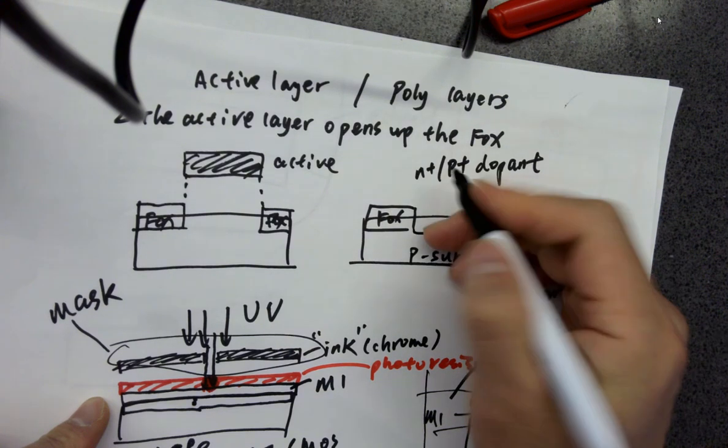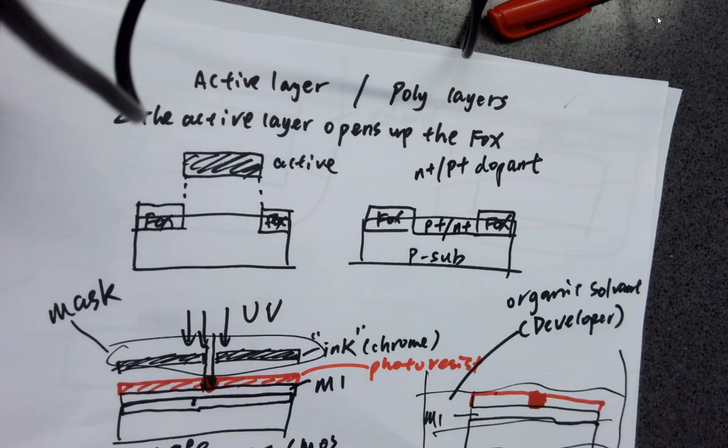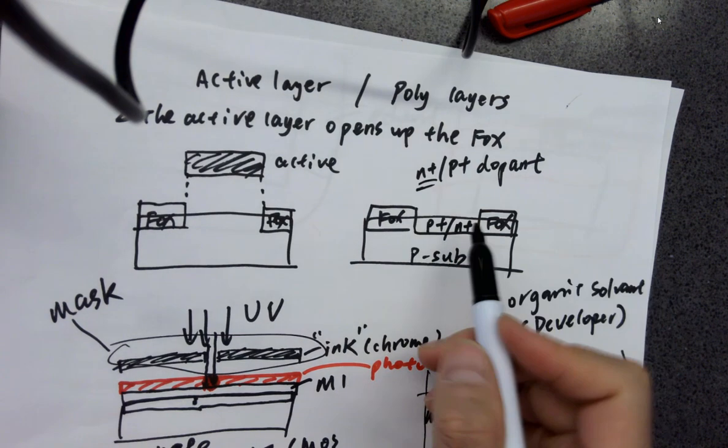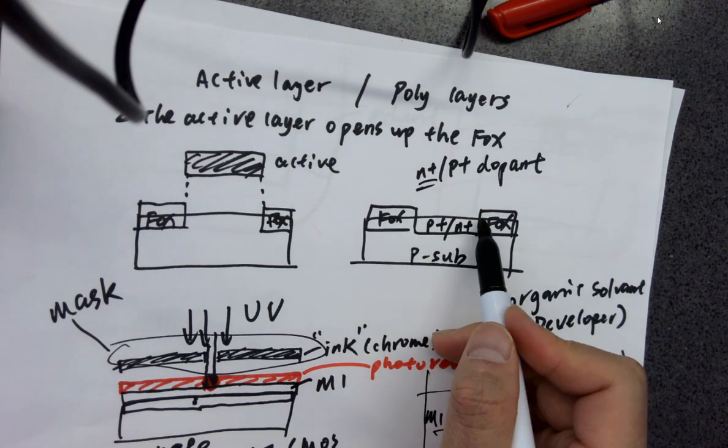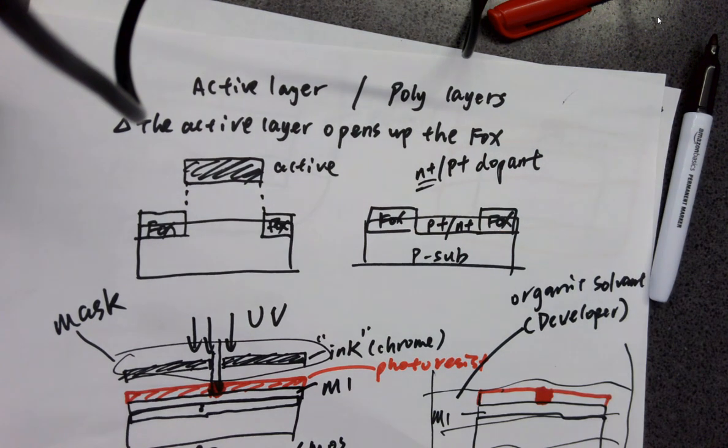Eventually you are forming a P plus or N plus, depending on your applications. If you use an N plus material, eventually you are forming an N-well. If you form an N-well, you can use it for all different kinds of purposes. It can be a resistor, or you can put PMOSes into the N-well, all these kinds of things.